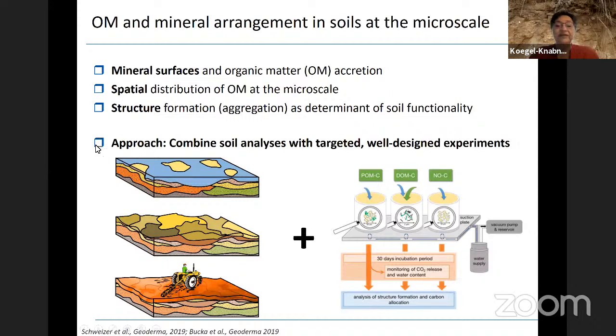The approach I want to use is, I would like to show some really well-designed, targeted experiments where we look at specific aspects and we combine this with soil analysis at the landscape or plot scale. And we think that if we combine both, we can elucidate a bit better how organic matter forms and how this affects soil functionality.